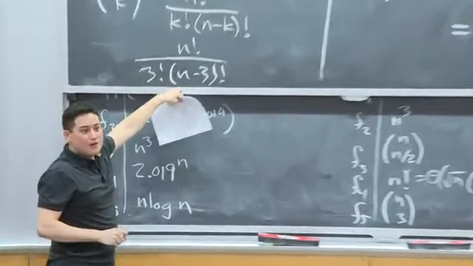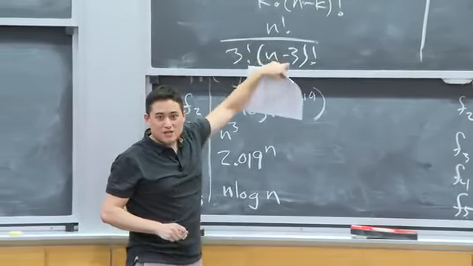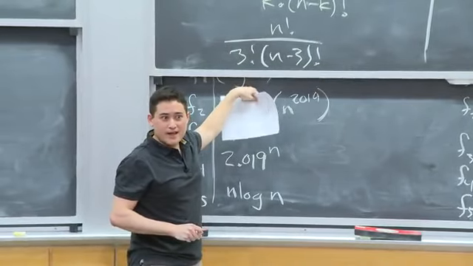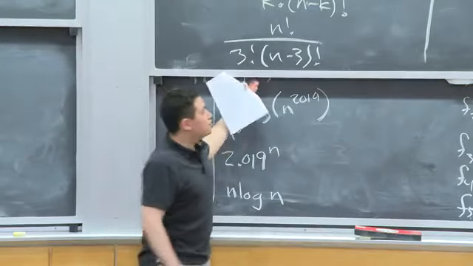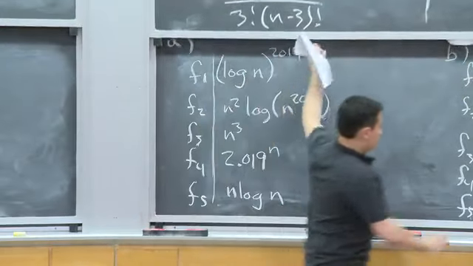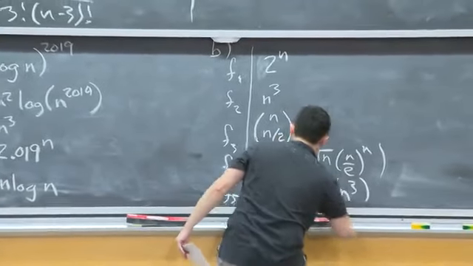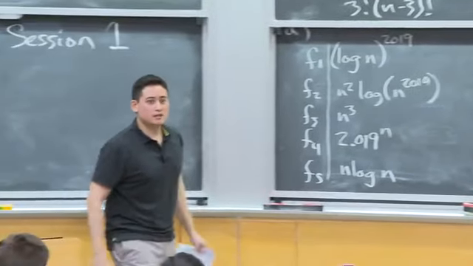N factorial over n minus 3 factorial just leaves us with n times n minus 1 times n minus 2 over 6, right? And if you multiply all that out, the leading term is an n cubed, right? So this thing is asymptotically n cubed. I kind of skipped some steps, but hopefully you could follow that.